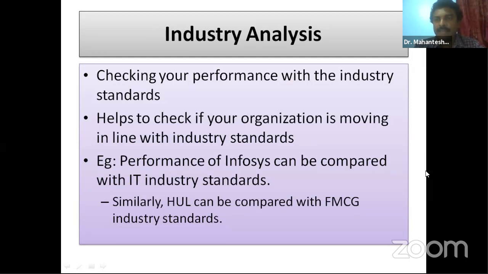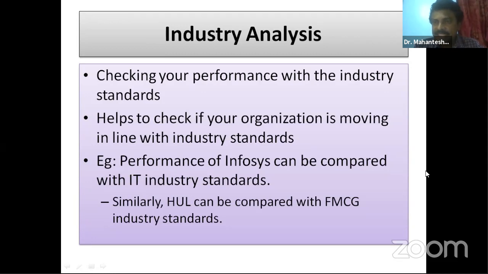Taking the previous example, ICICI Bank, State Bank of India, HDFC Bank, Axis Bank, all these are companies, and banking is an industry. Hindustan Unilever, Procter and Gamble, Colgate Palmolive, Dabur India, all these are companies, and FMCG, that is fast moving consumer goods, is called an industry.